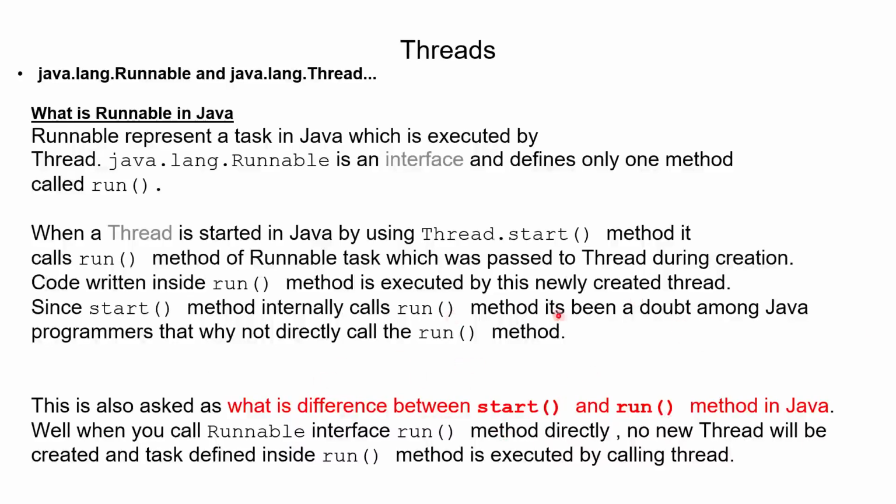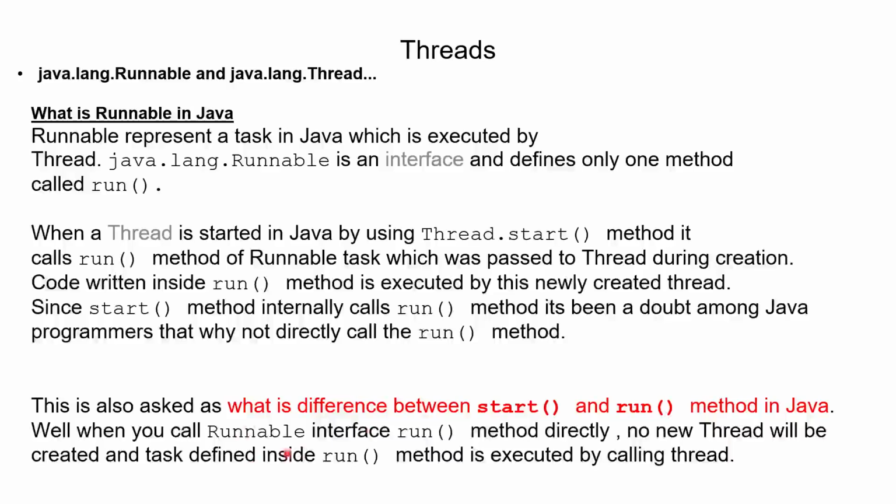And there's been some debate in the Java community. Since the start method internally calls the run method, there's just been some questions, why not call the run method directly? And there's also been questions about what is the difference between start and run methods in Java.